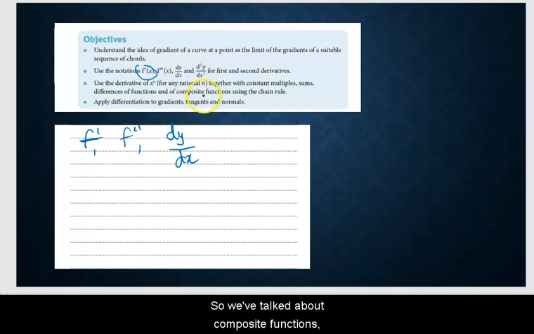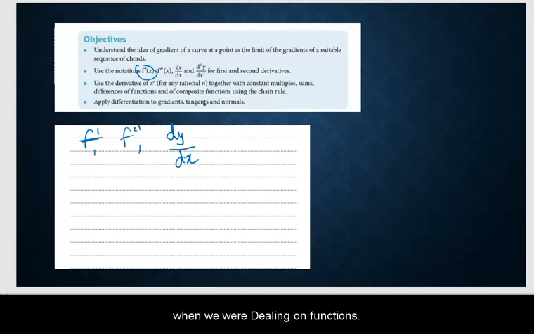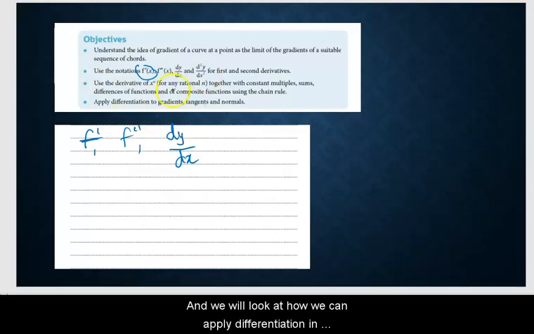So we've talked about composite functions, a function that can be applied in another function, and we looked at also the inverse of functions under chapter 3 earlier on when we were dealing with functions, and we will look at how we can apply differentiation in gradient, tangent, and the equations of the normals. So this will be what we'll be looking at in this particular topic.